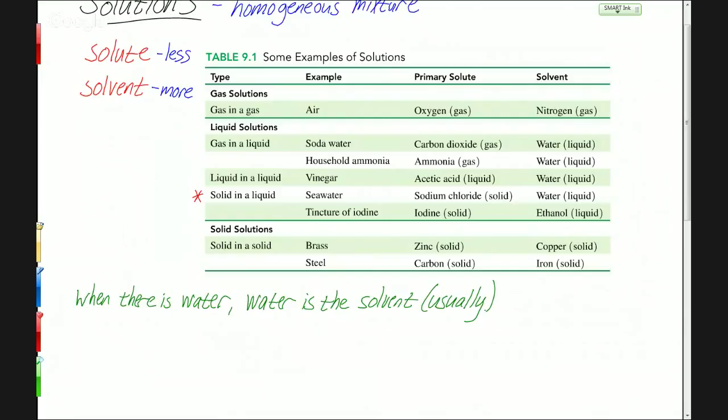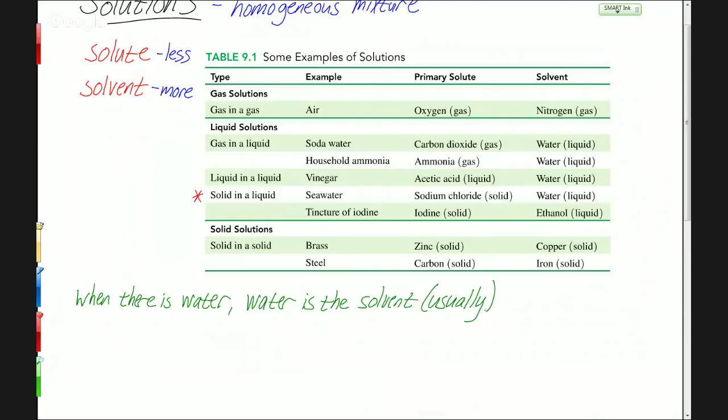So for example, water and ethanol have infinite solubility, meaning that you can mix as much ethanol as you want with water and it will continue to dissolve. But at some point there will be more ethanol than water. So shouldn't that really be a water solution in ethanol? Probably, but we keep calling water the solvent.